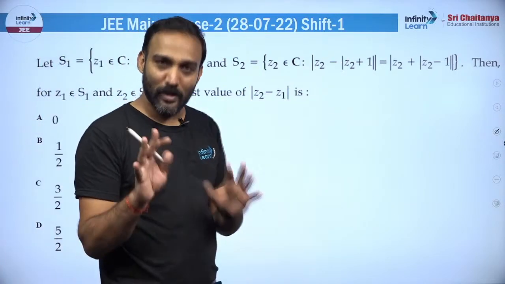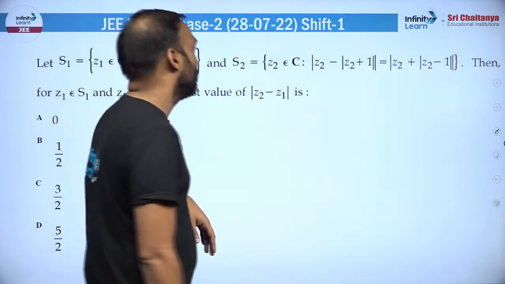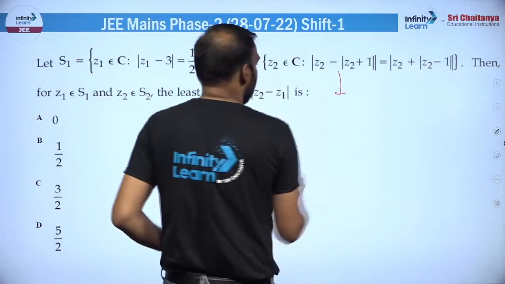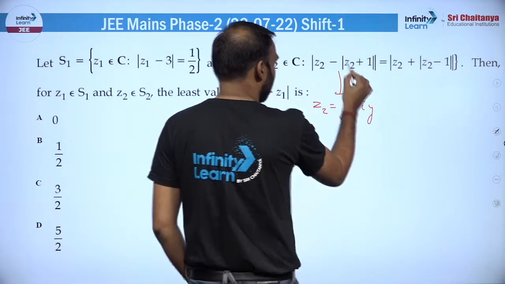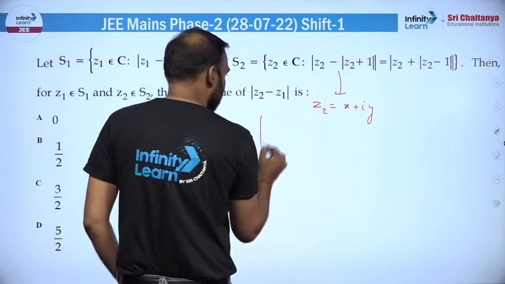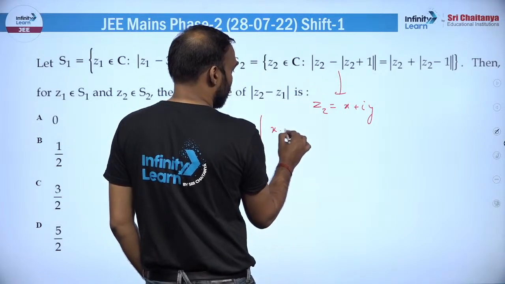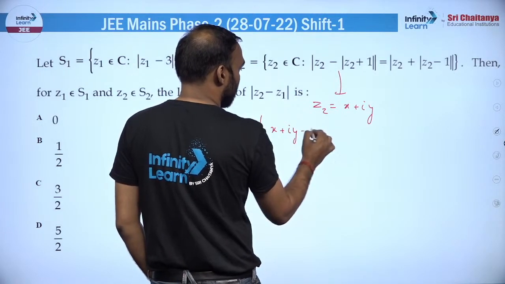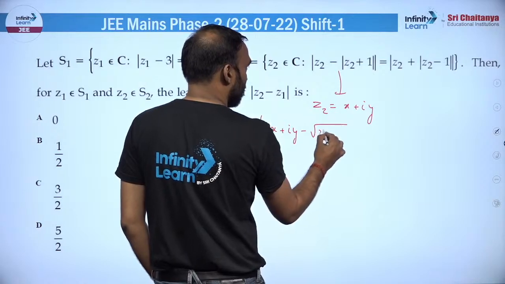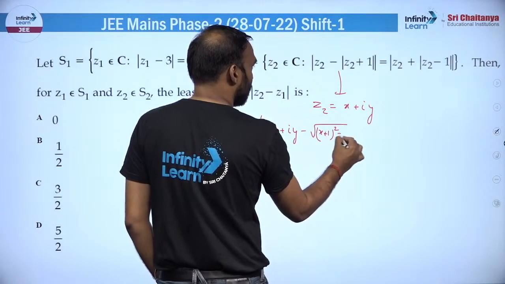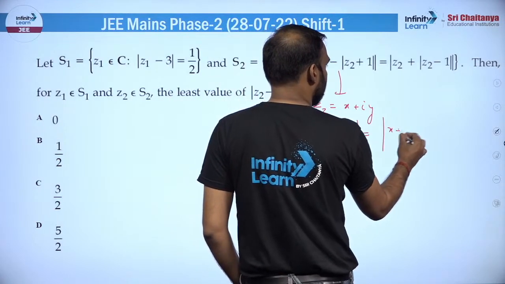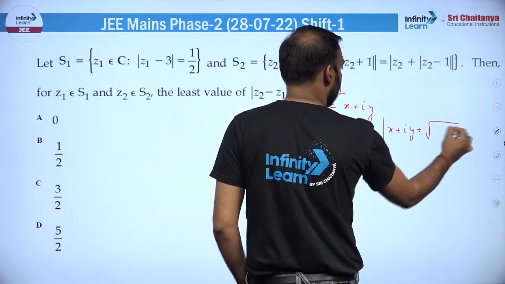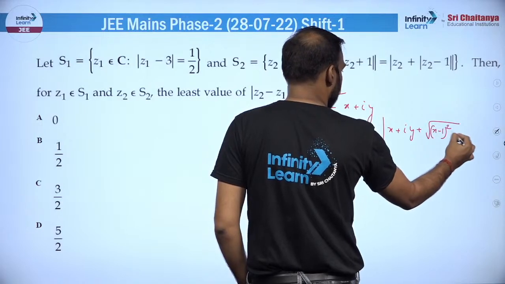So we'll use the Brahmastra of complex numbers: put Z2 equal to x plus iota y, because I need to find the locus of this particular curve. So I will have |x plus iota y minus under root of (x plus 1) whole square plus y square| equal to |x plus iota y plus under root of (x minus 1) whole square plus y square|.